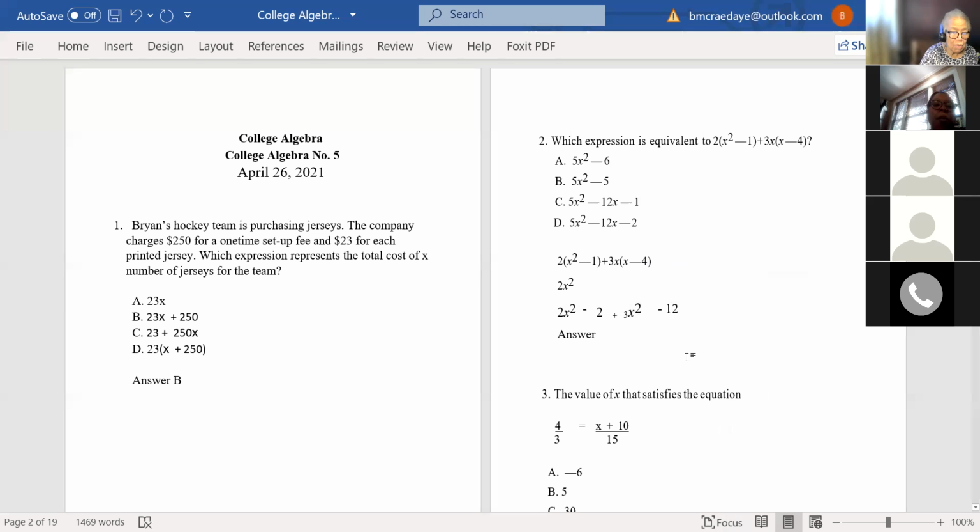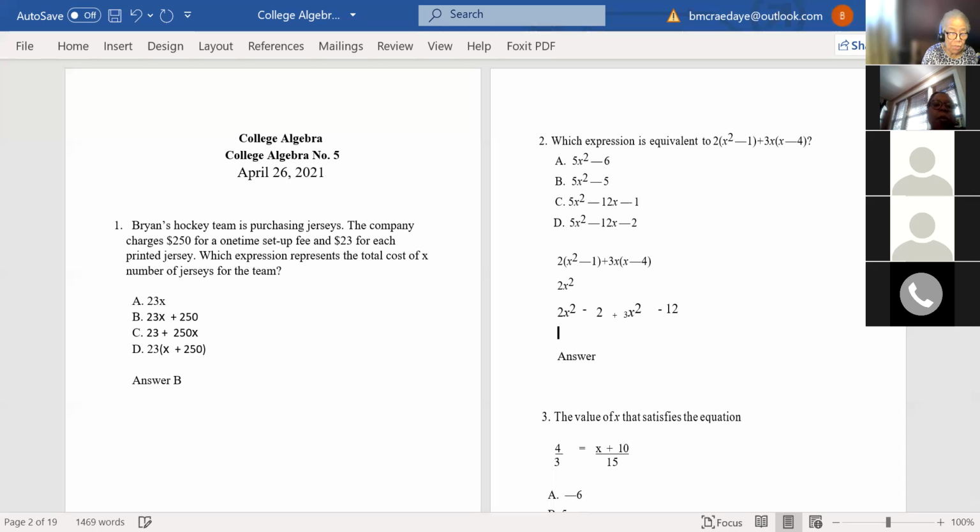I'm trying to get these all on the same line. I don't know why it's doing this.